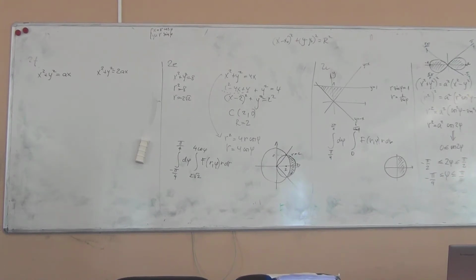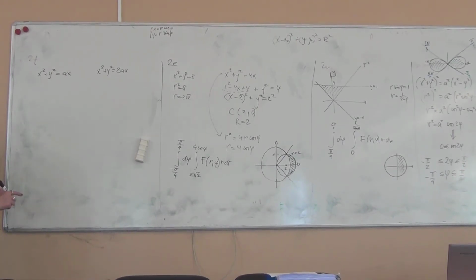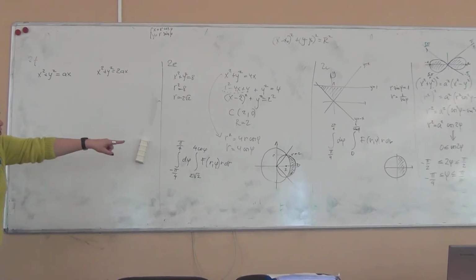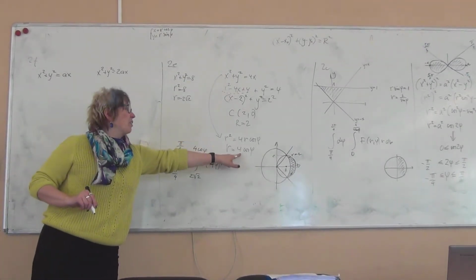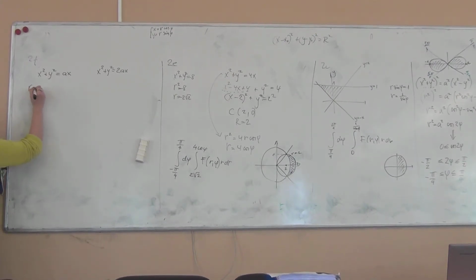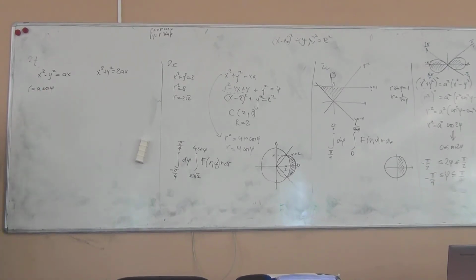A divided by 2, a half, is the coordinate of the center and the radius will also be the same, a half. But the equation will have a itself. So the equation in polar form will be r equals a cosine phi.